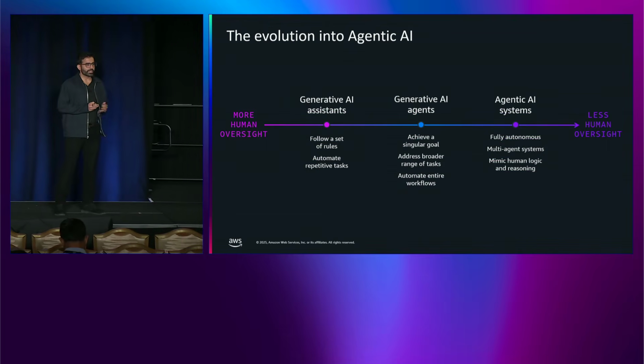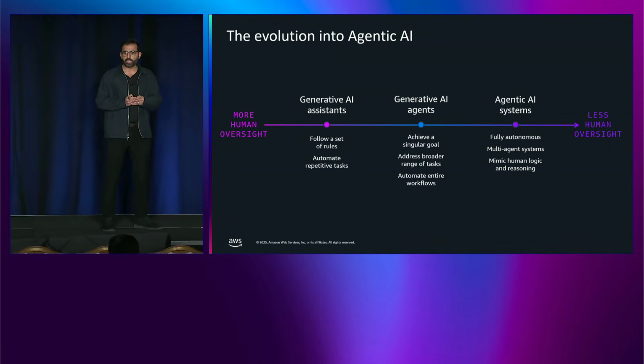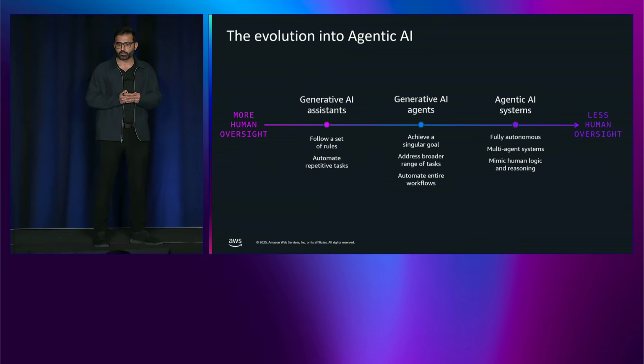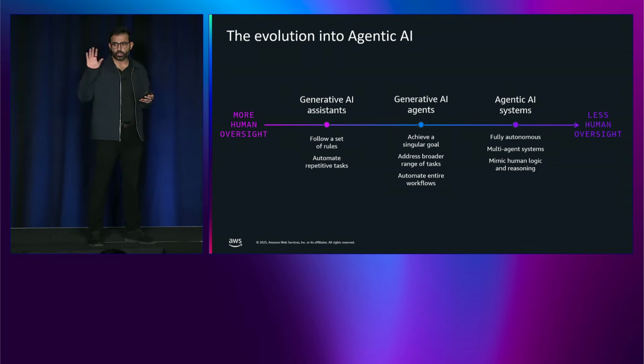And the journey doesn't really end here. This is where we're seeing the next evolution of agentic AI systems, and that's where things get really interesting. So let me talk about what we mean by generative AI agents before we jump into agentic AI systems. Generative AI agents are much more goal-oriented. They can handle a much more complex range of tasks compared to generative AI assistants. They can automate entire workflows without a lot of human intervention.